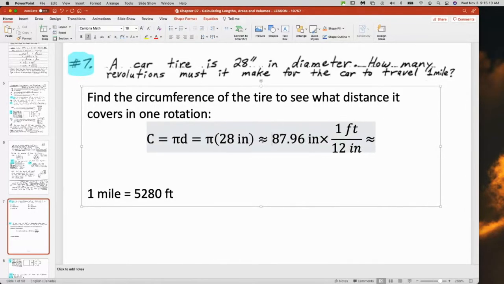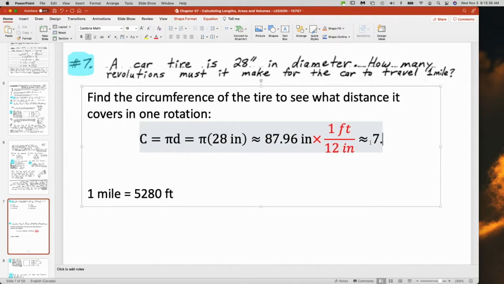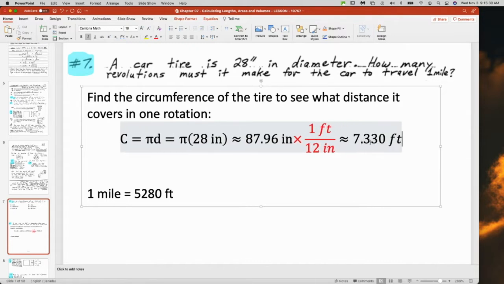Remember, this fraction equals 1. So when I multiply the 87.96 inches by 1, I'm not changing it or doing anything weird to it. I'm just converting it to feet. So if we divide by 12, we get 7.330 feet.